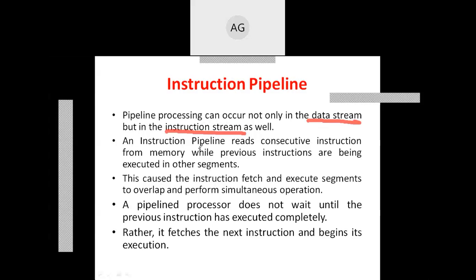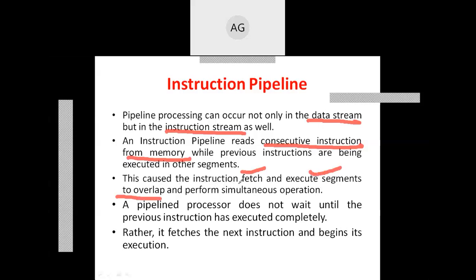An instruction pipeline reads consecutive instructions from memory while previous instructions are being executed in other segments. This causes the instruction fetch and execute segments to overlap and perform simultaneous operations.